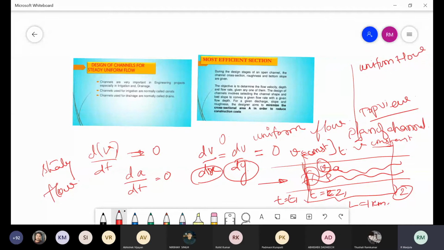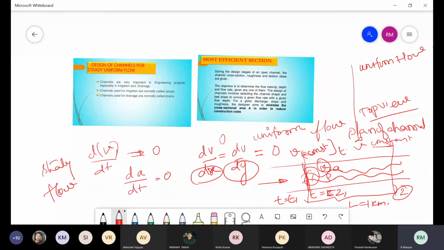Can you see the difference between steady flow and uniform flow? Steady flow is at a particular point of time or at a particular section: if you measure with respect to variation of time, your flow parameters remain constant.